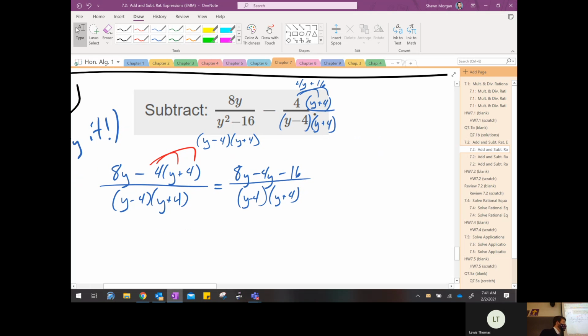Now what we want to do is simplify. So George, simplify my numerator, please. What's 8y minus 4y? So I got 4y minus 16. Alex, can I factor that numerator? I know this one factors.